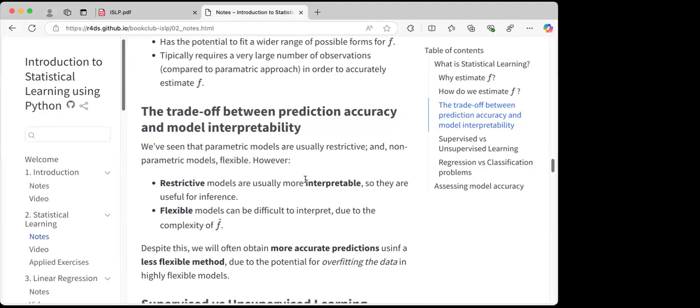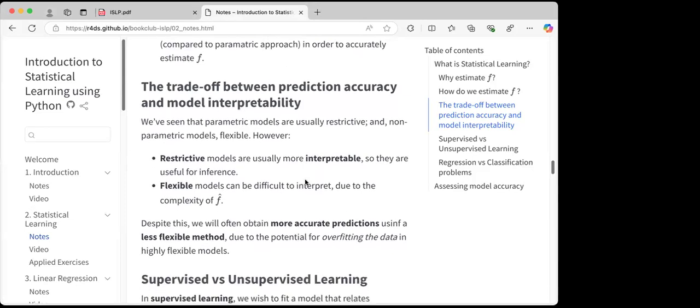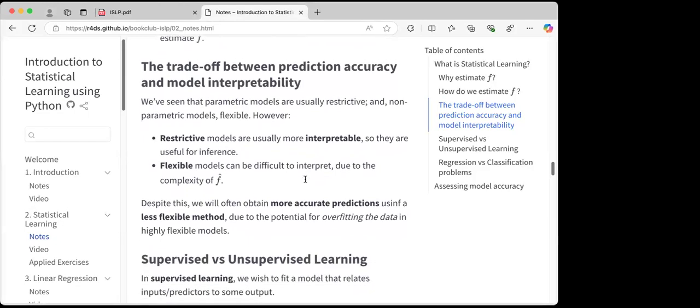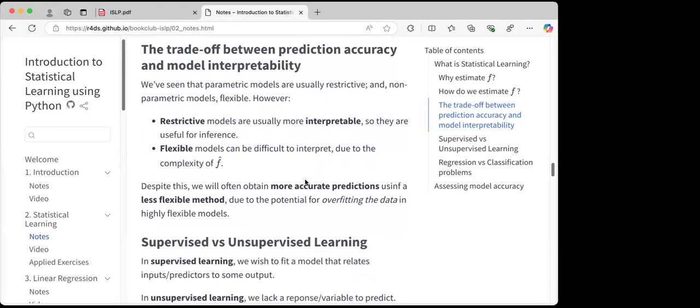Restrictive models are usually more interpretable, so they are useful for inference. Examples are linear models, which are highly interpretable. Whilst flexible models could be difficult to interpret due to their high complexity, and they have the problem of overfitting.